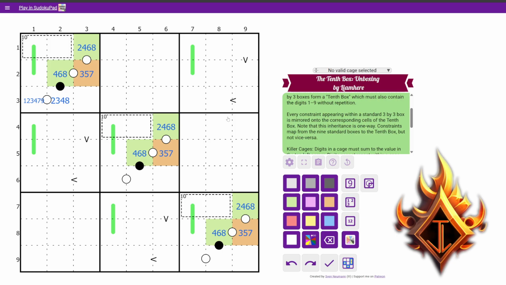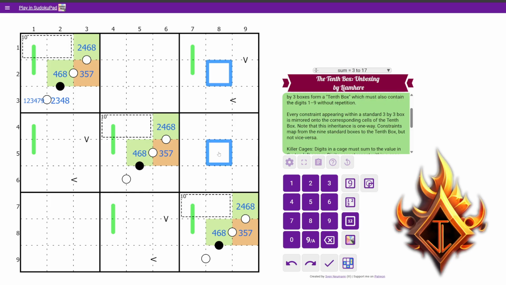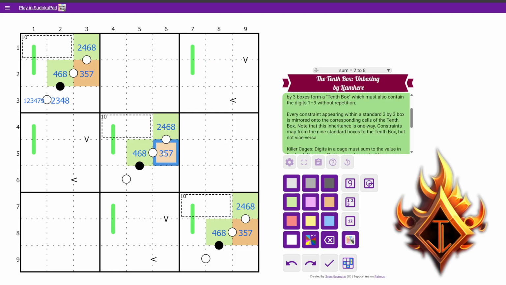Oh, okay. So in the 10th box, this number is greater than that number. But it doesn't mean that that number is greater than that number necessarily.